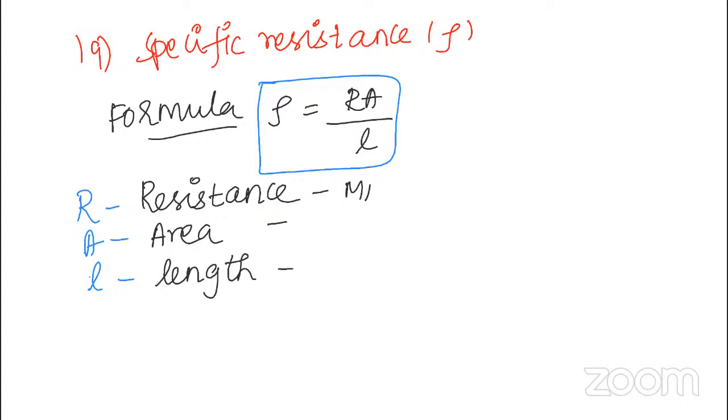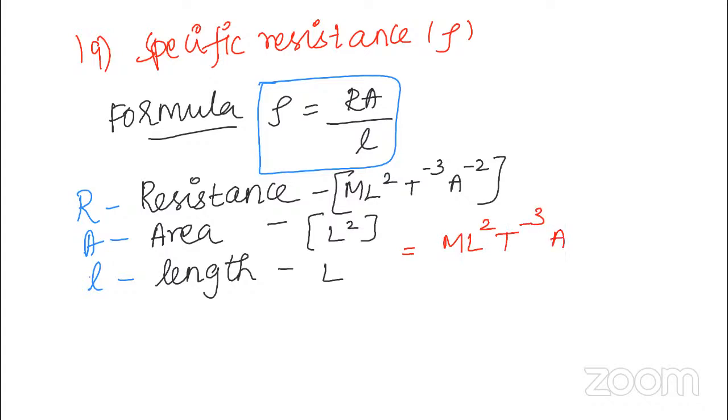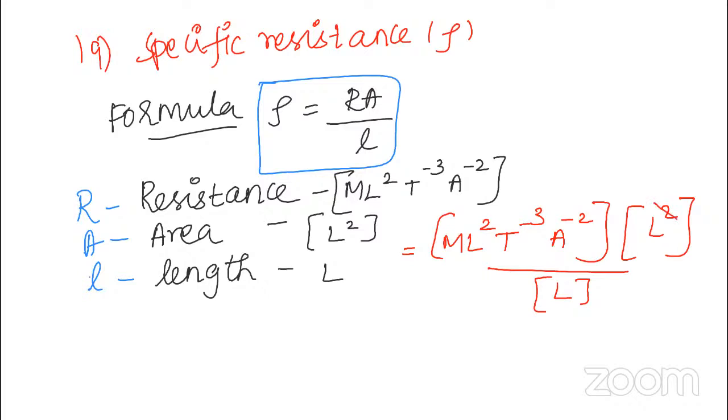For resistance it is M L square T power minus 3 into A power minus 2, for area it is L square, and for length it is L. Now combine all these things: M L square T power minus 3 into A power minus 2 into L square, divided by L. The common terms cancel, and finally M L cube T power minus 3 into A power minus 2.